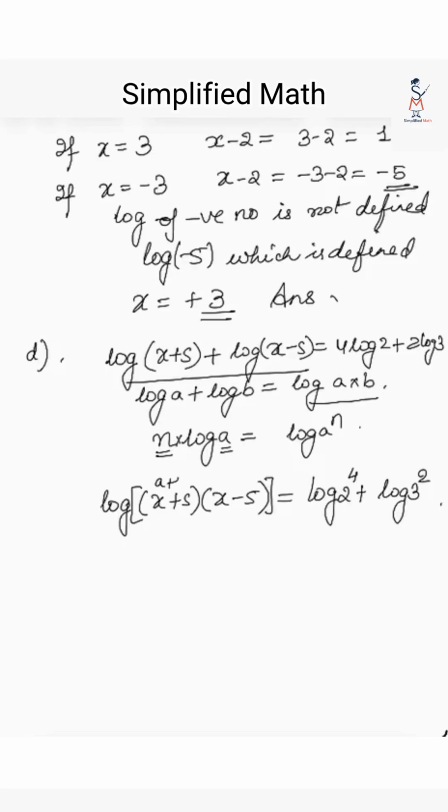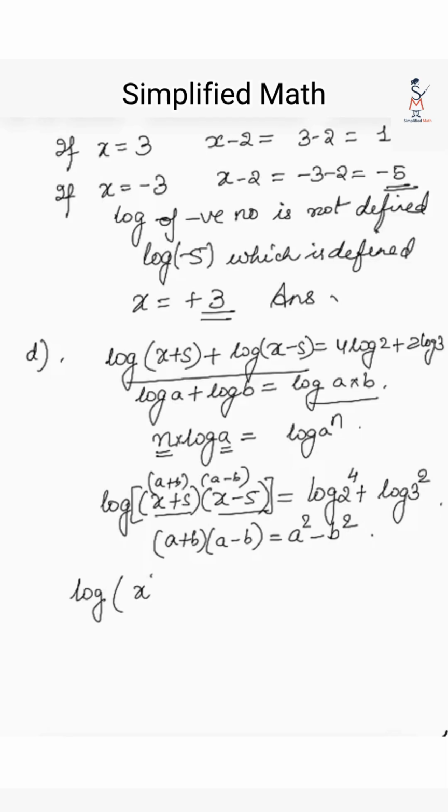That is a plus b into a minus b. We know a plus b into a minus b is a square minus b square. So this is a plus b and a minus b form. So this becomes log of x square minus 5 square.